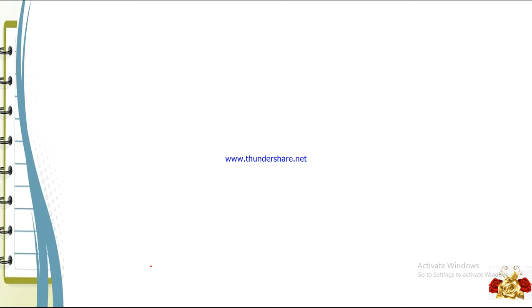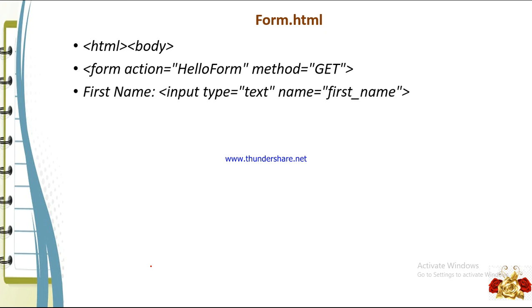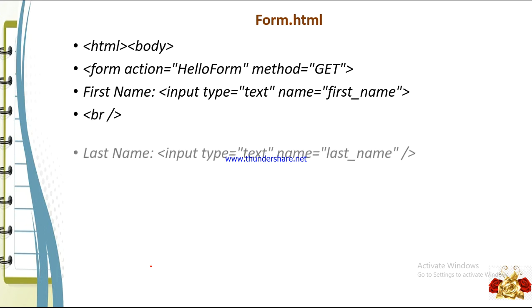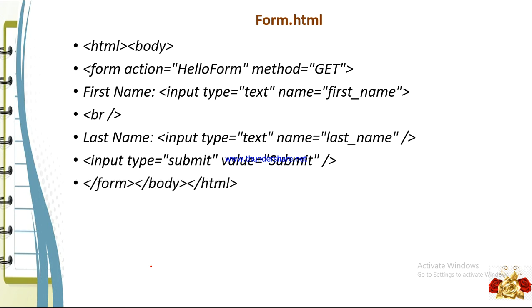It is included with the form HTML tag. By using the HTML tag, you display the output using the get function, and for first name you give the value by using input text, and the same for last name, and then submit by using this form. You have to create a form. Finally, close the tag by using the closing tag.